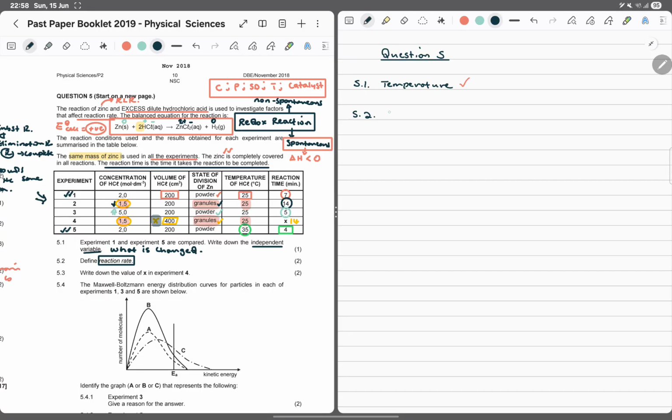Okay, so the reaction rate, we know that it is a change of the concentration of reactants and or products per unit time. Okay, so it's a change of the concentration of the reactants or products per unit time.